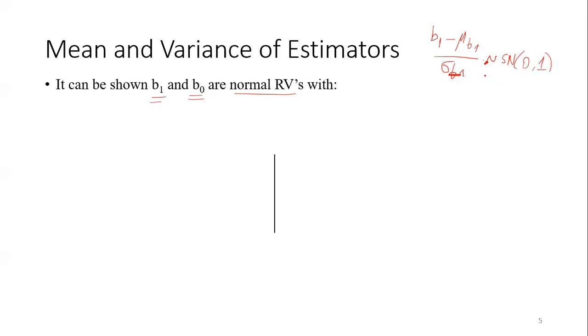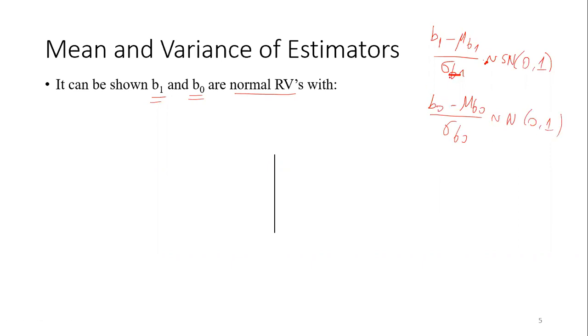This is how this random variable is distributed. Similarly, (b0 minus mu of b0) divided by sigma of b0 is normal with 0 and 1.